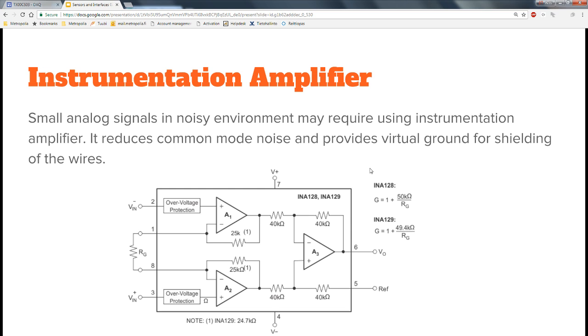If you just do the amplification, you amplify also this noise. But since it's on both lines, you can have this instrumentation amplifier, which takes the difference between these lines and basically subtracts these noise parts and amplifies just the signal.